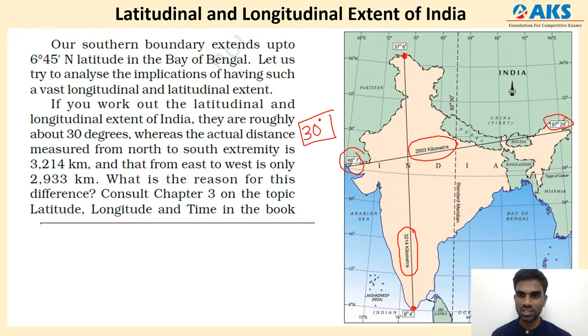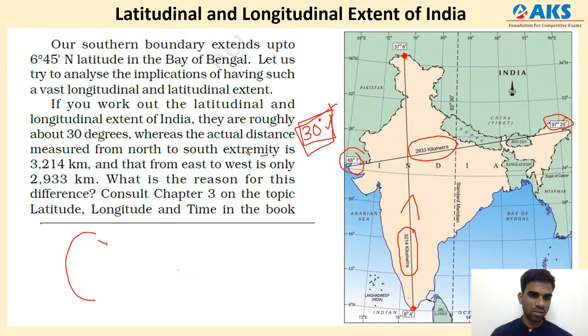But why is the distance from the northernmost to the southernmost point greater than the distance from the westernmost to the easternmost point, though the latitudinal and longitudinal extent is roughly 30 degrees?